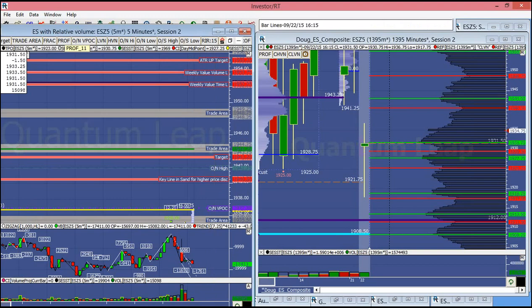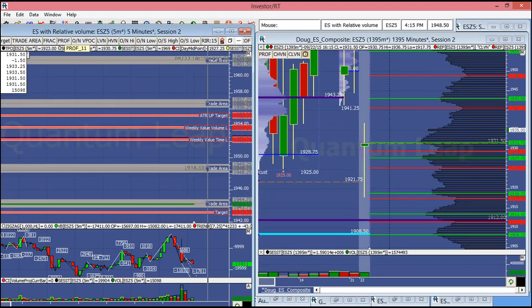And then above there, things really get interesting, because you've got a naked VPOC at 52.50. You've got the weekly value area low and the weekly value area volume low, all in this 52 to 53 with our 20-day ATR target to the upside at 55.25.